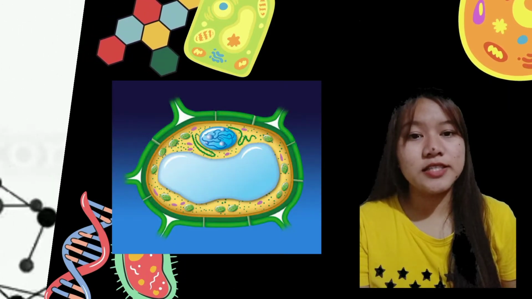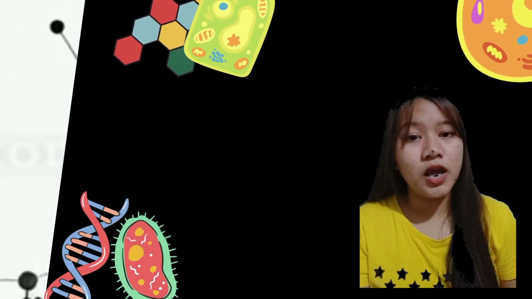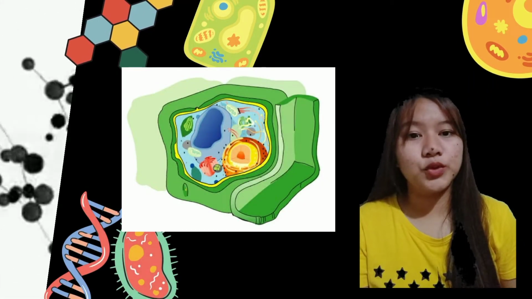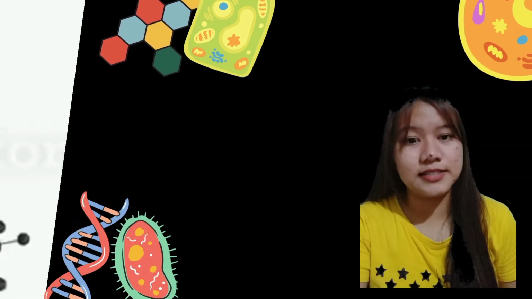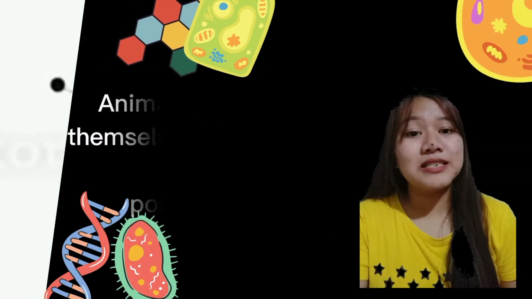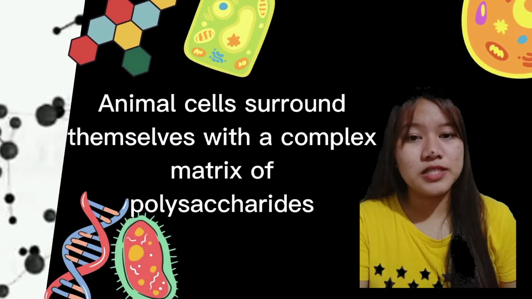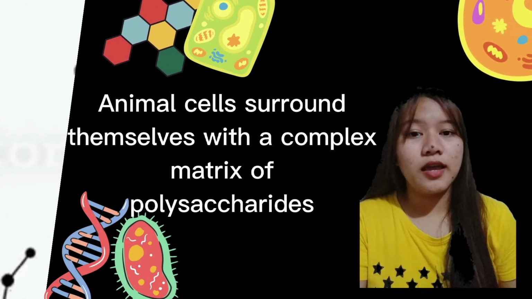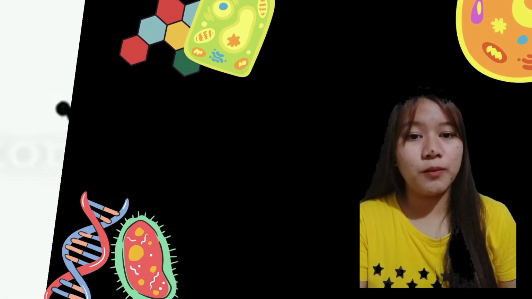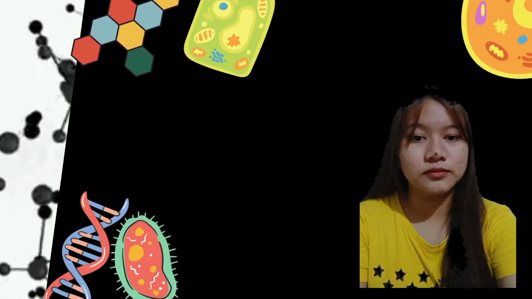Plants create cellulose to serve this function, while some bacteria can produce a similar cell wall from slightly different polysaccharides. Even animal cells surround themselves with a complex matrix of polysaccharides, all made from smaller monosaccharides.